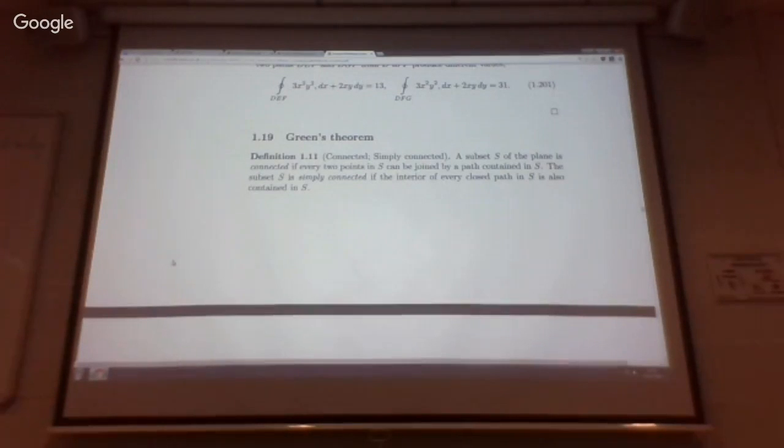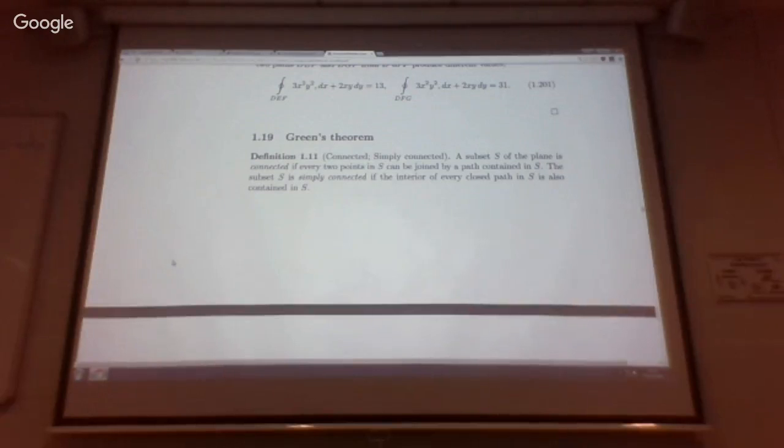we say a subset of the plane is connected, or strictly speaking, we should say path connected, if any 2 points in the region, this one and this one, can be joined by a path in the plane which is wholly contained in the region.